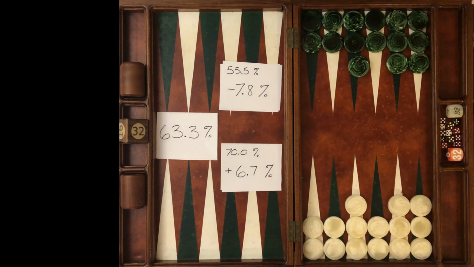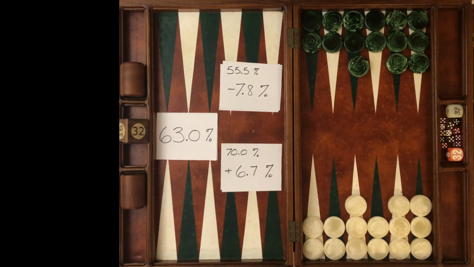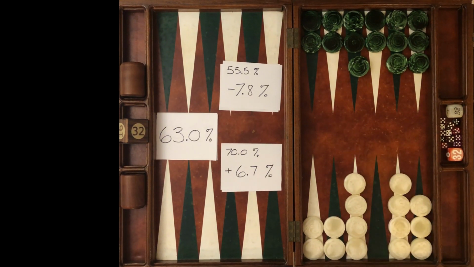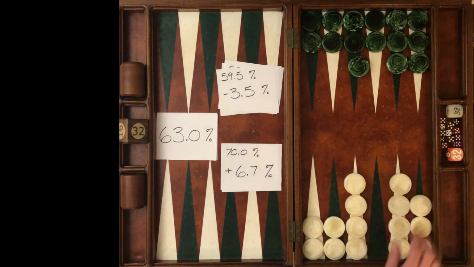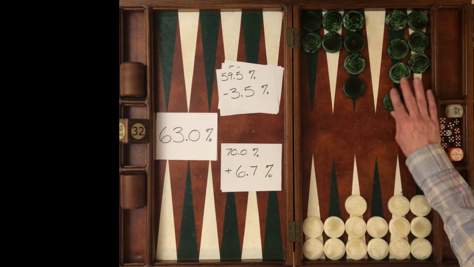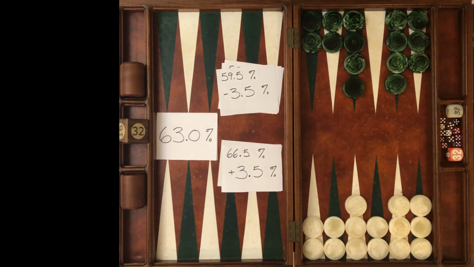In our next position, our winning percentage here is about 63%. And if we have a gap without changing the pip count, we lose 3.5% in our winning percentage. And if we're fortunate enough that our opponent has the weakness, we gain 3.5% winning percentage.